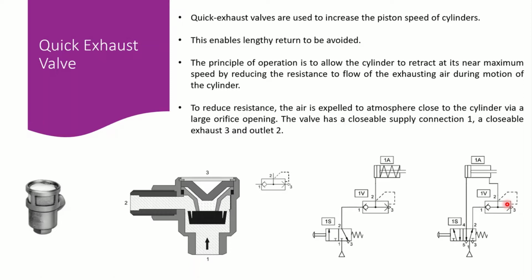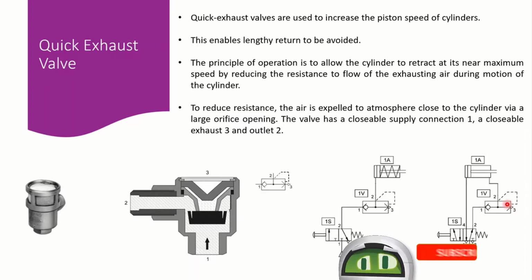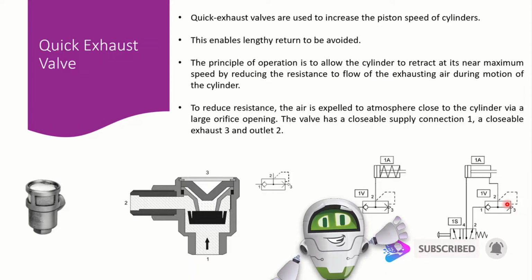So in general, as I said, the application of the quick exhaust valve is to increase the speed of advancing or retraction, and it depends on which port we are using that quick exhaust valve. And if you want to see the main application of the quick exhaust valve, let's say if you want to punch something, right?